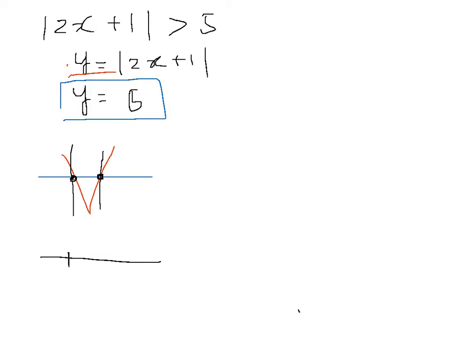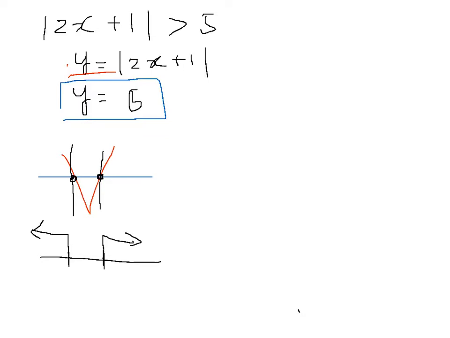This is the first zone, and if you describe that on a number line, here's the second intersecting point. This V graph is higher than this line before the first intersection and after the second intersection. So we are talking about these two zones.